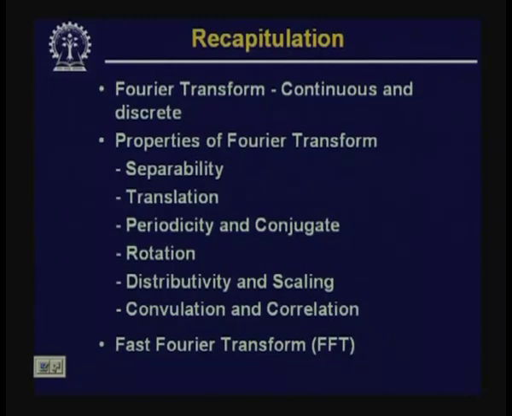We have seen the properties of the Fourier transform, specifically separability, translation property, periodicity and conjugate property, the rotation property, distributivity and scaling, and convolution and the correlation property. And then finally, we have seen a first implementation of the discrete Fourier transform, which we have called the fast Fourier transform or FFT operation.